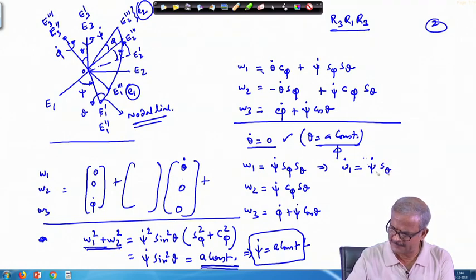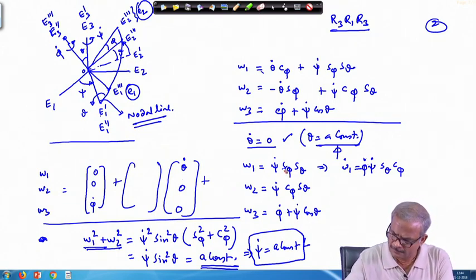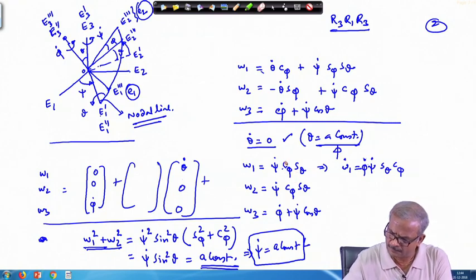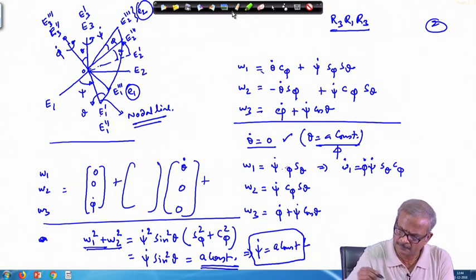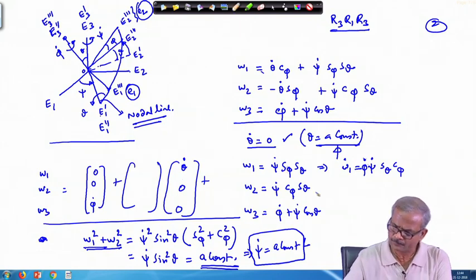So, psi dot s theta here, this is s phi. So, this becomes c phi and then phi dot will appear. So, phi dot will be written in this place once we differentiate this. Okay.